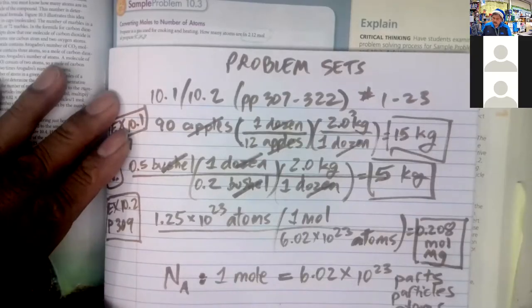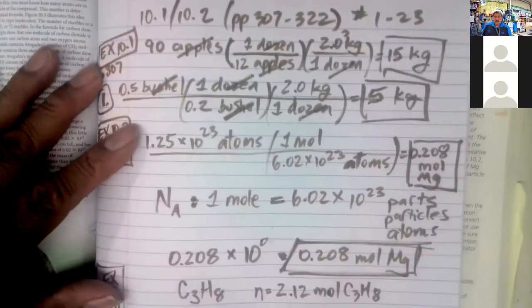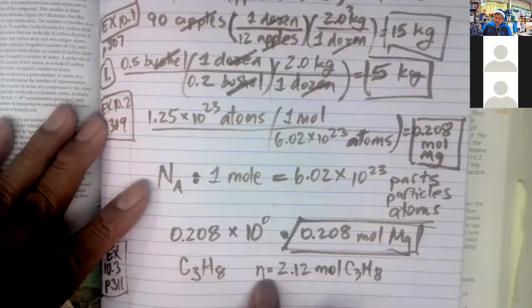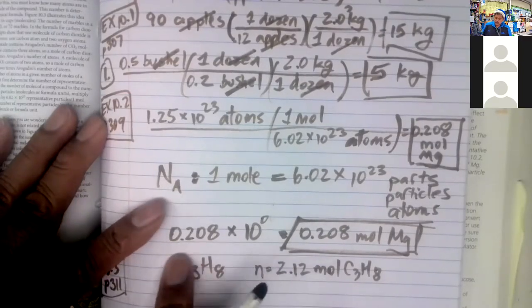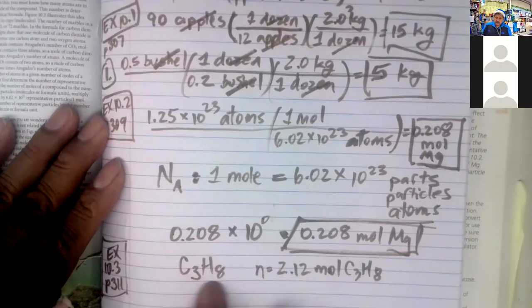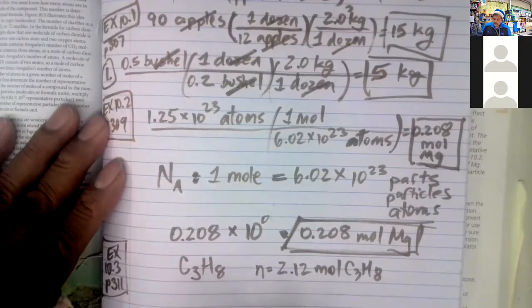Okay. Now here's another thing you know. If you look at the subscripts right here, you can see in one propane molecule, there's 3 carbons and there's 8 hydrogens. So there's 8 plus 3, 11 atoms altogether.